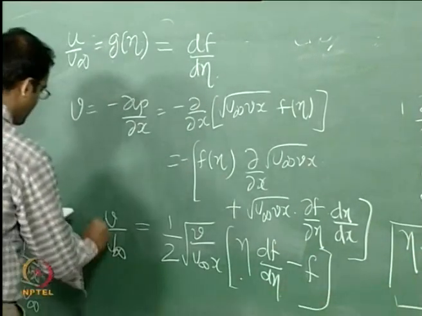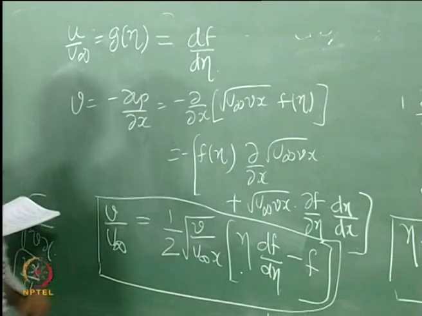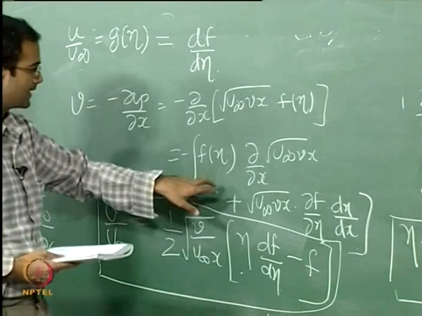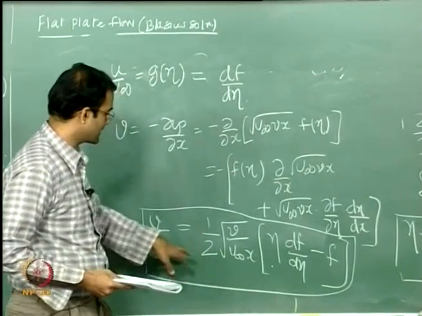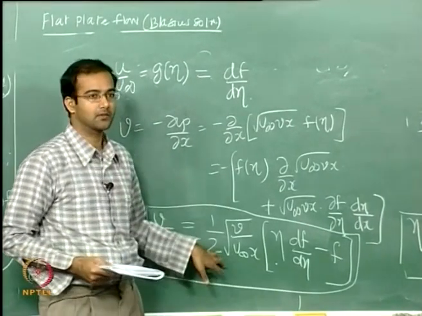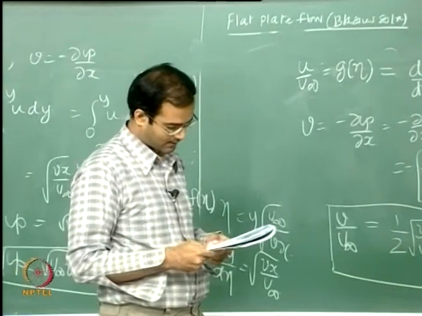So you can check for yourself, it's a little bit of jugglery. You can cast this in terms of eta and check whether this particular form comes out. You have to play a little bit around there.